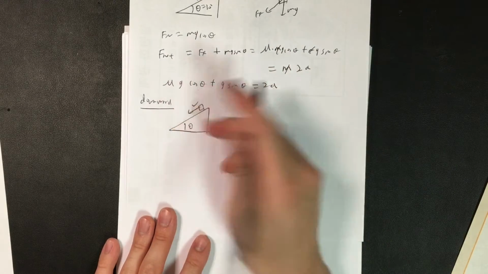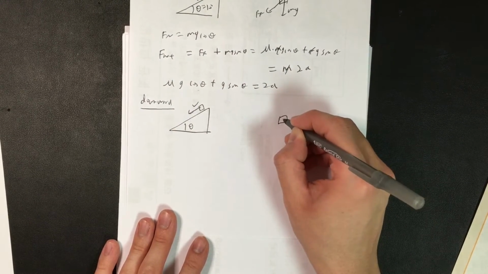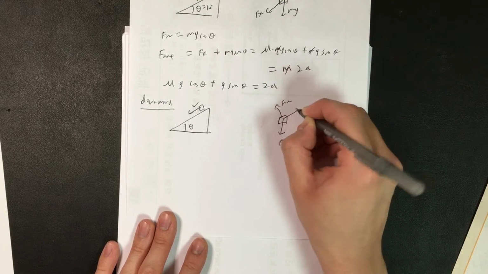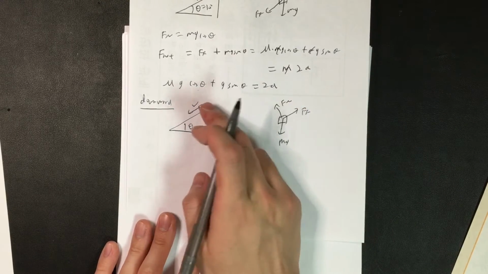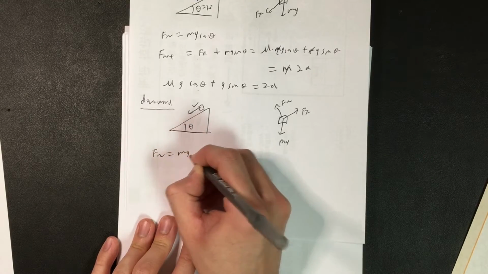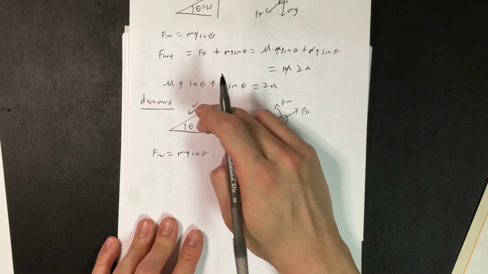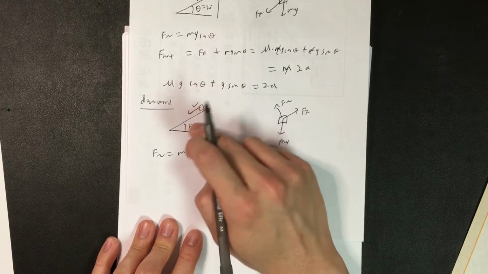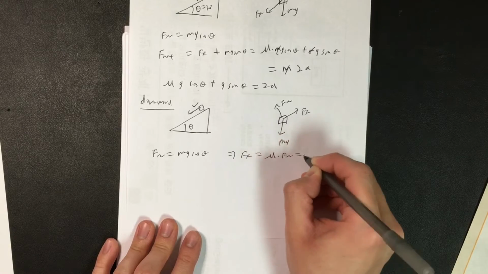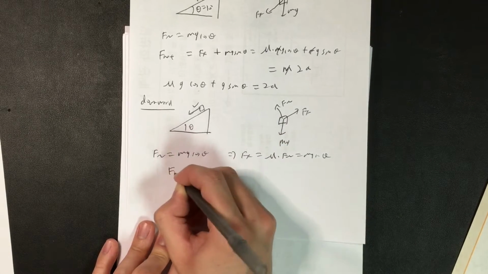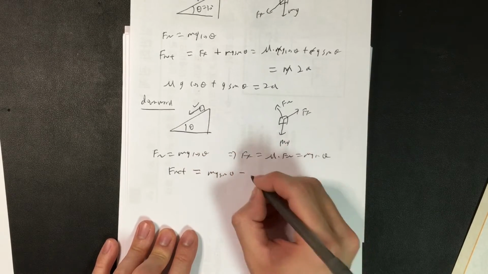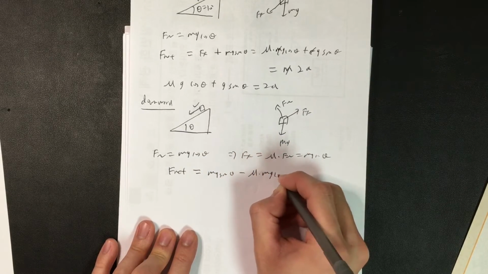But when this object is moving downward, the force diagram would look similar to the first half of motion, but the force of friction will be pointing upward because this has to oppose velocity. And therefore, the normal force would still be mg cosine theta because there is no net movement along the perpendicular direction of the incline, in which the force of friction would be mu times Fn, equal to mu mg cos theta, and therefore the net force equals mg sine theta minus mu mg cos theta.